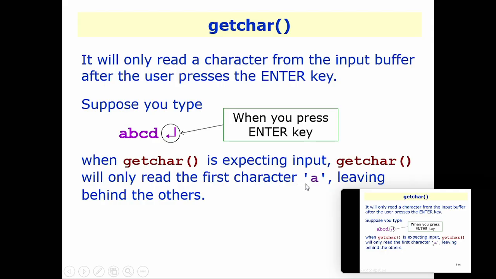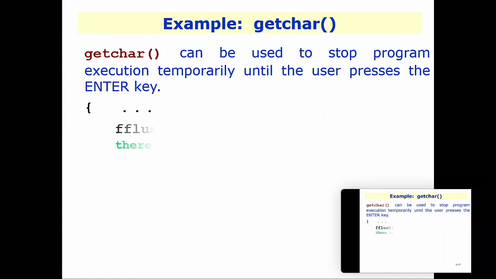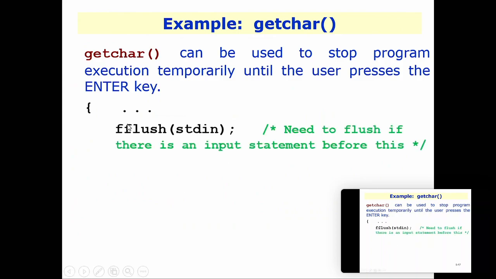So getchar will store only A, the first letter, and the others will be stored in memory. In that case, you also need this fflush(stdin) to delete all the memory.